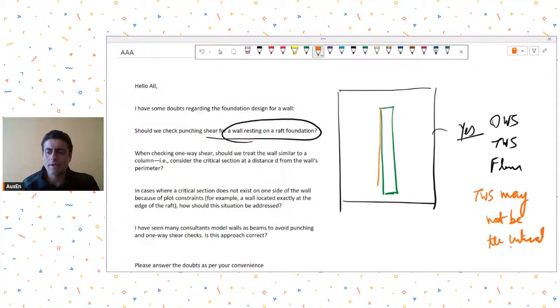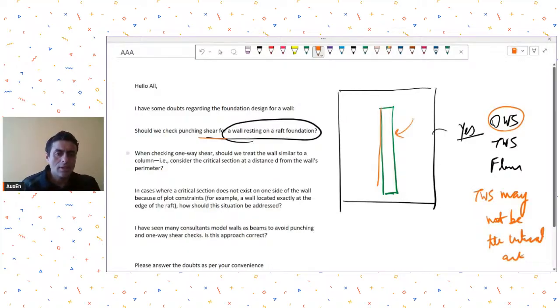The critical action which decides the footing thickness generally would be the one-way shear. So even though you have to check for punching or two-way shear, in geometries like this you will find that punching is not the dominant or deciding action, and it is rather the one-way shear action.